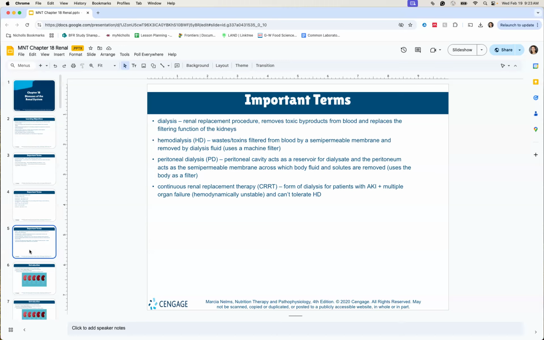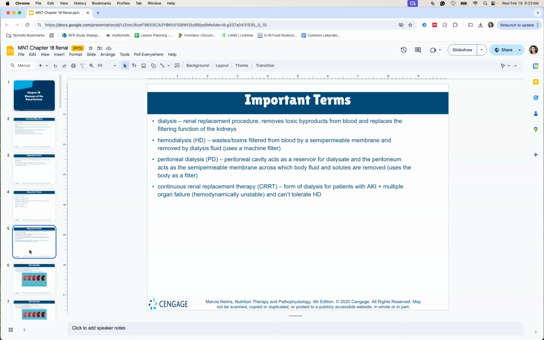So CRRT is typically going to be performed in a critical care unit in the patient's room, and they may be on this for 12 hours at a time, whereas hemodialysis is usually 3 to 4 hours on a machine. CRRT is for an extended period of time.